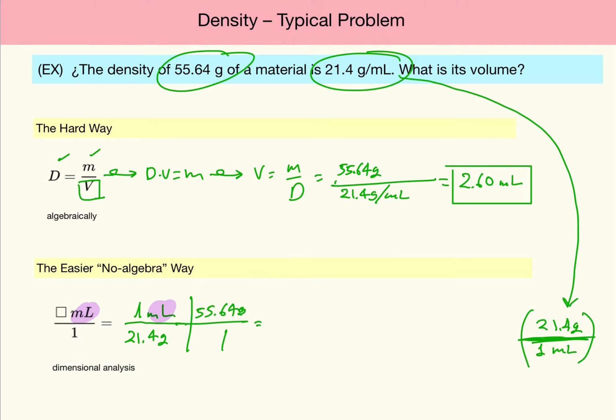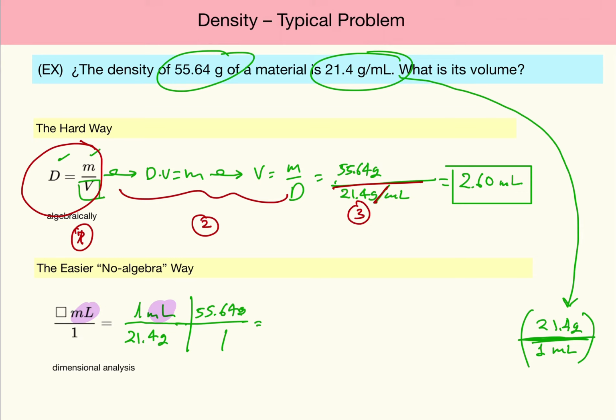Since it's set up exactly the same way, I'm going to get exactly the same number. So why do I say working with dimensional analysis is easier? Notice, algebraically, you had to, 1, know the formula. Number 2, you had to know how to do algebra. And number 3, you have to know how to handle units that are awkward, such as this milliliter in the denominator of the denominator.